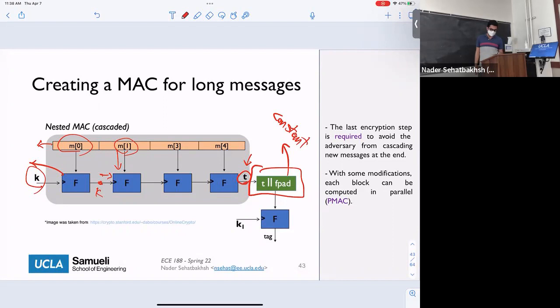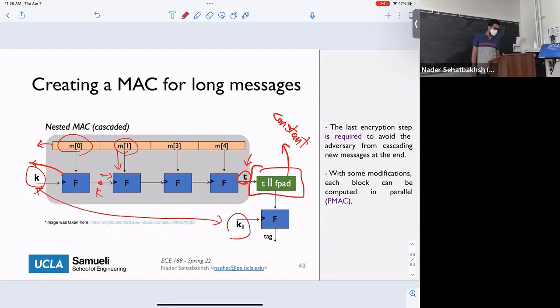And then finally, there's going to be another round with a different key. Similar to AES, but slightly different, we're not going to use the same key over and over again. We're going to use 2 sets of different keys. The reason is, if we just send this out, the attacker can add multiple messages on top of this, get this number, compute the tag for it and get the results.